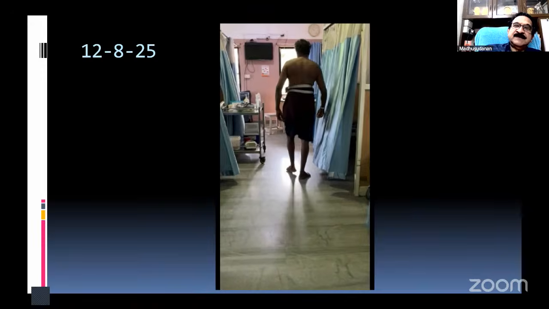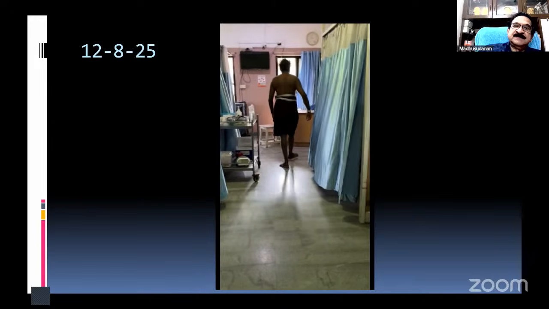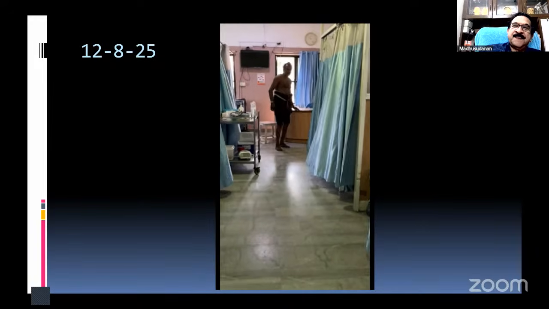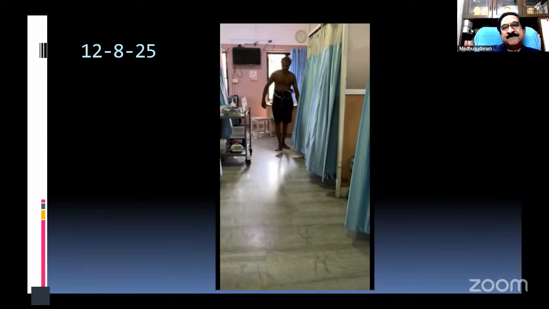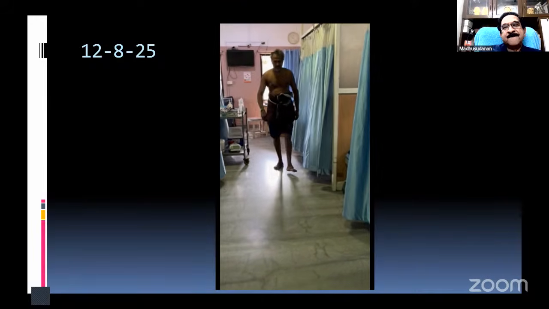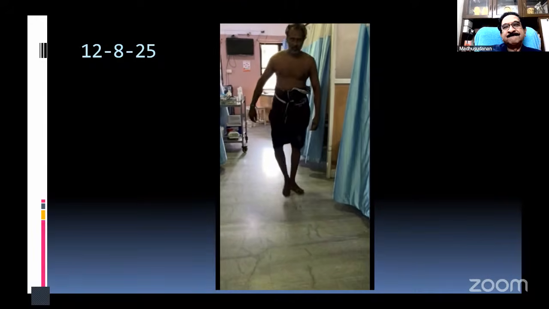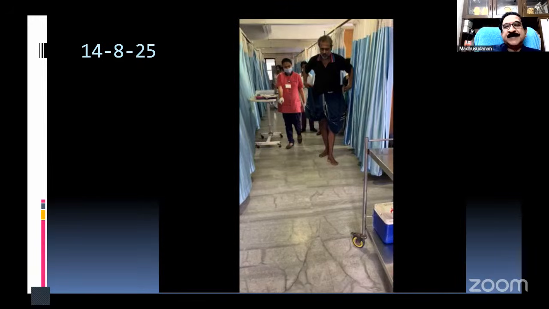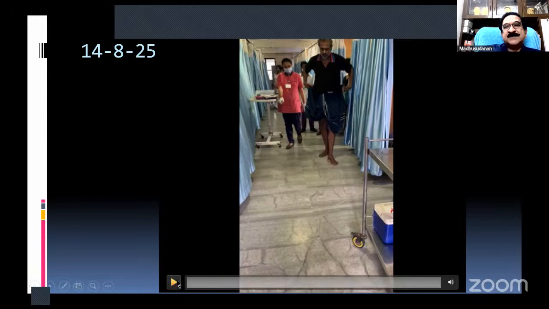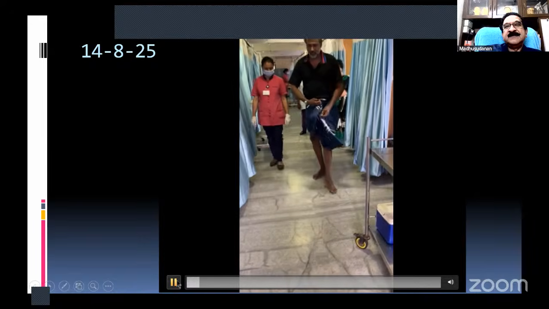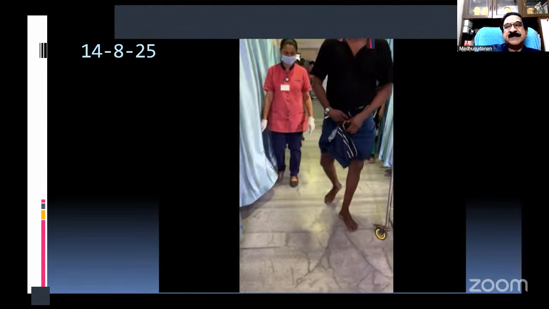He was admitted and I was doing something in him. This is 14-8, 2 days later. It's a little better, without support taken.